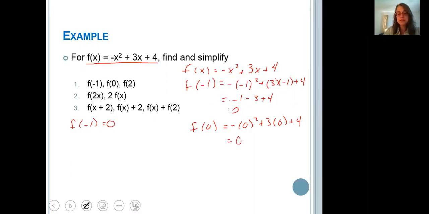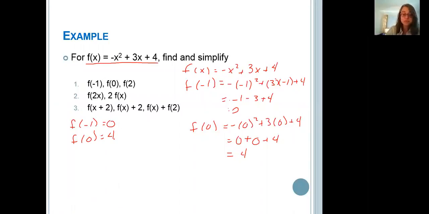Times -1 is still 0. Plus 3 times 0 is 0. Plus 4. And f of 0 equals 4. Yeah? Not too bad, right?